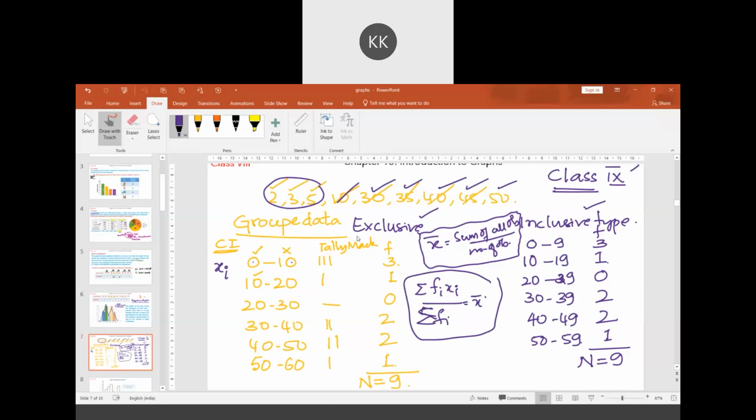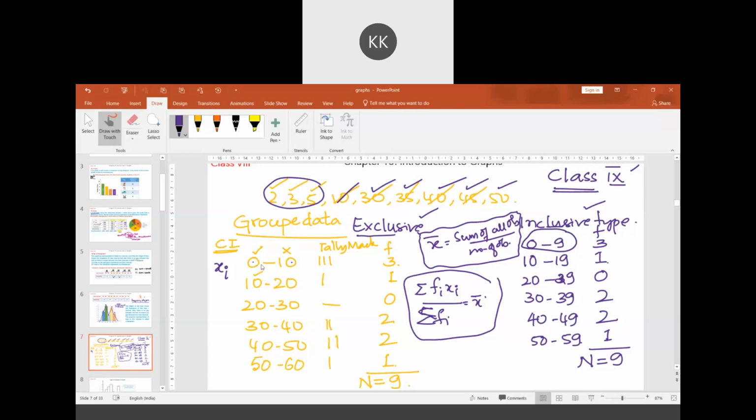You understood a little bit related to exclusive and inclusive type? Sir, but why are there two types when we are getting the same answer from both of them? But when we represent using graph, we generally don't consider this. We will not consider 0 to 9, 10 to 19.